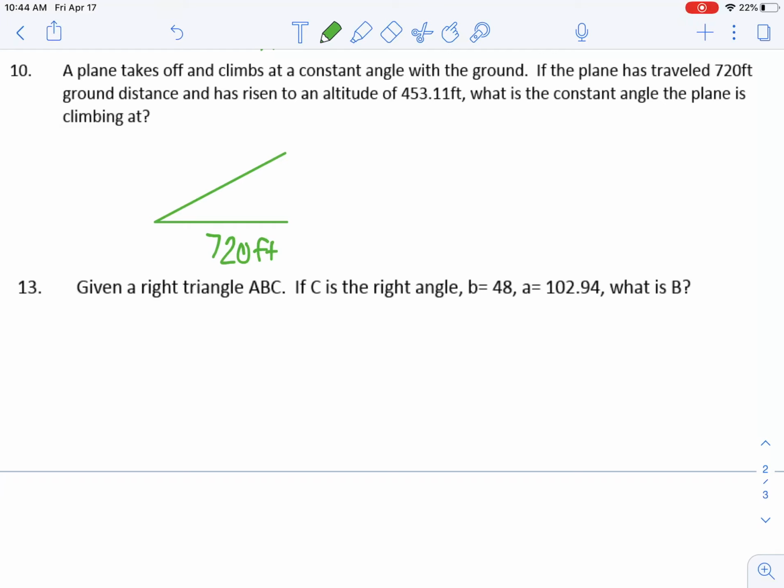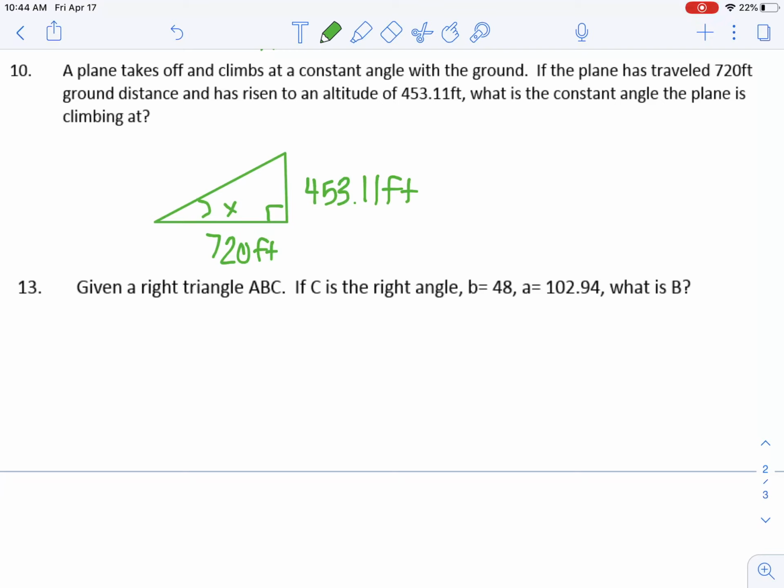And then it's risen to an altitude. So that's talking about the height off the ground. That altitude is 453.11 feet. And the question is, what is the constant angle the plane is climbing at? So this time we're trying to figure out what is that angle.